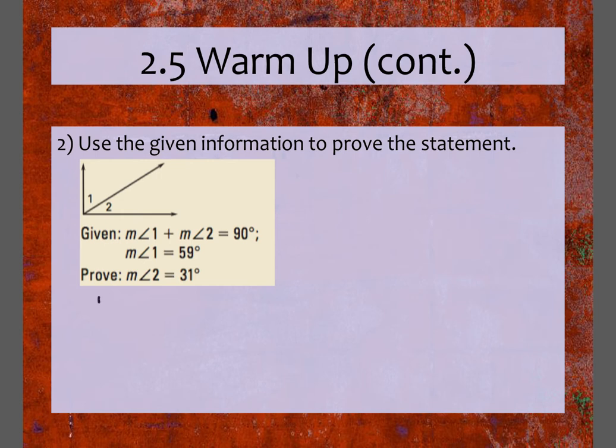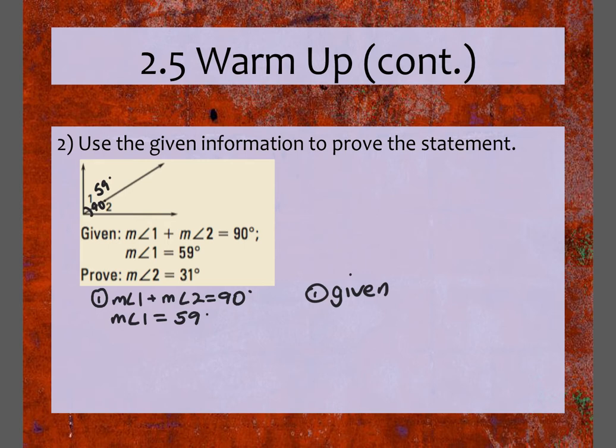I put that m angle 1 plus m angle 2 equals 90 and m angle 1 equals 59 are given. Good. Do we have to put both on the test? Yes. Thank you. So again, if I wanted to label it, I could add in here that this is 59 degrees and that combined this is 90 degrees.